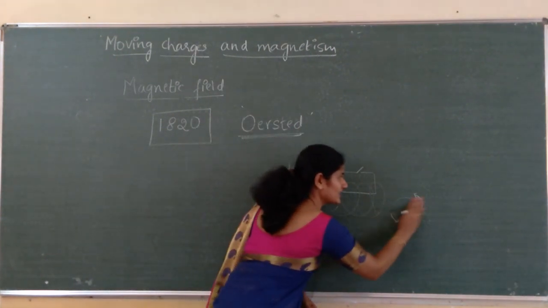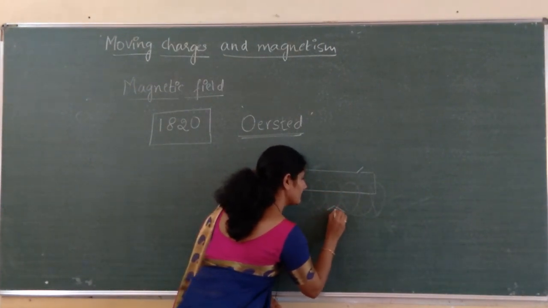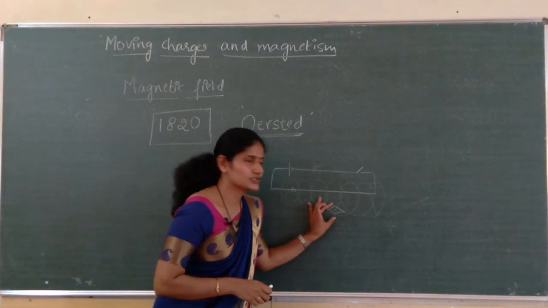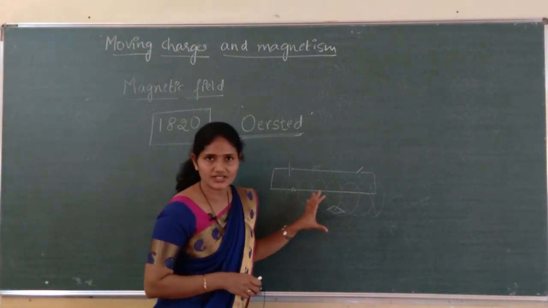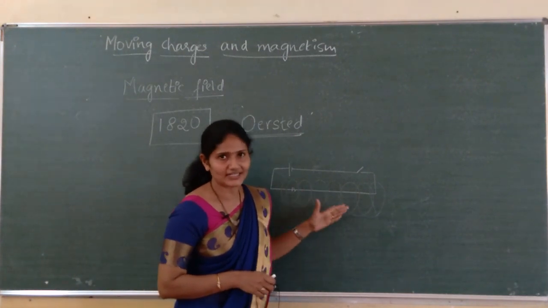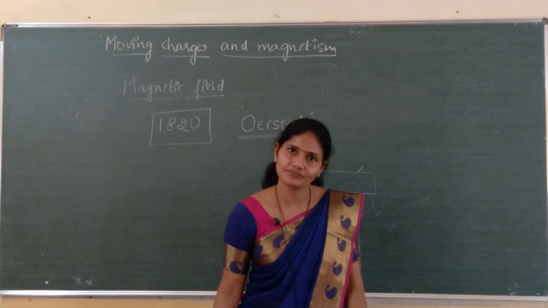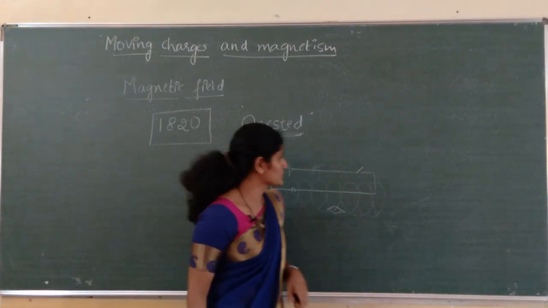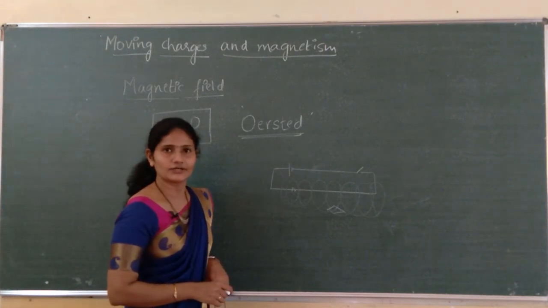When this magnetic needle is placed in that magnetic field, it shows deflection. So, moving charges create a magnetic field. What is the source of the magnetic field? Electric current is the source of the magnetic field.